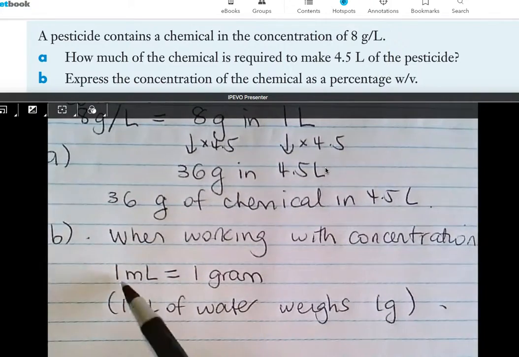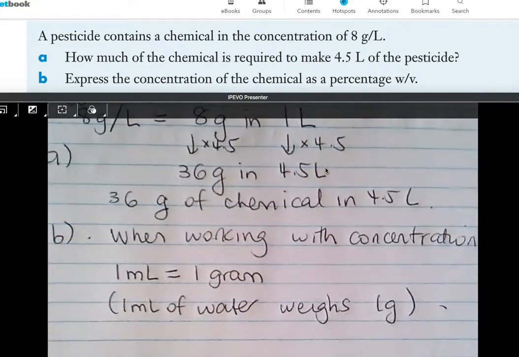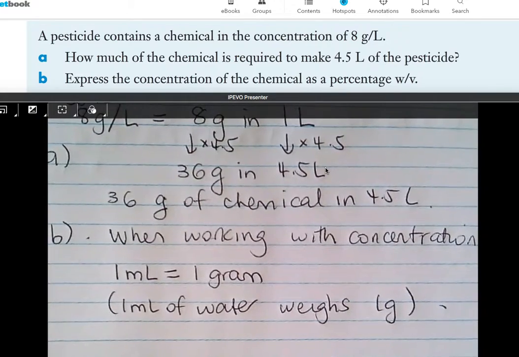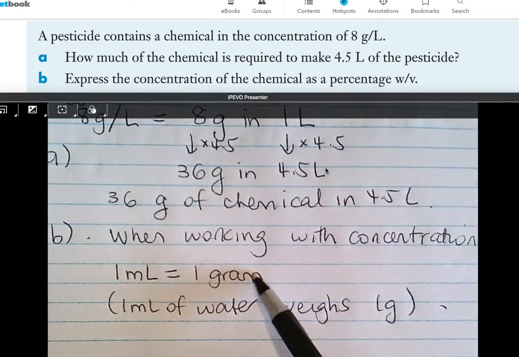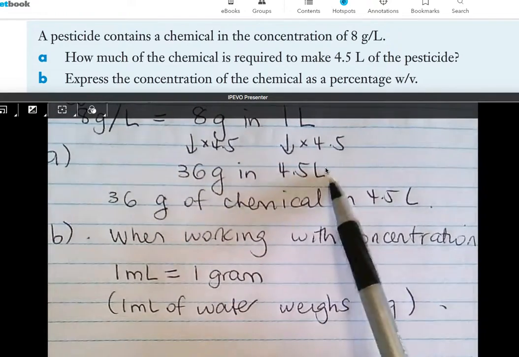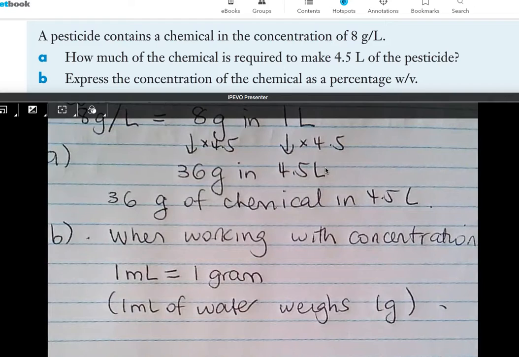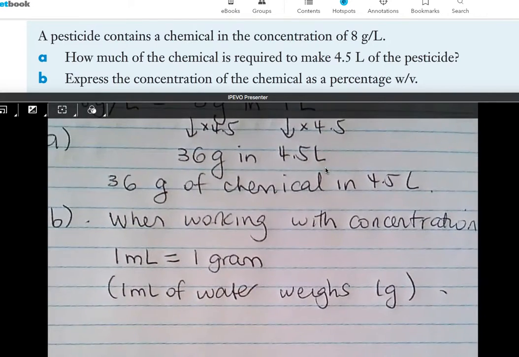So if you're trying to do a percentage weight per volume, you can convert your mils into grams. I've got 36 grams in 4.5 litres. I can't put the grams over litres. I need to put the grams over grams to get a percentage weight per volume.